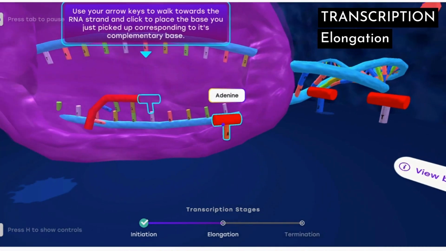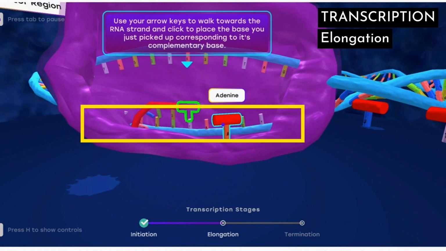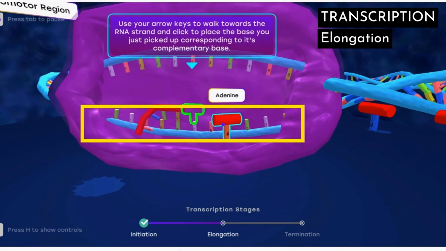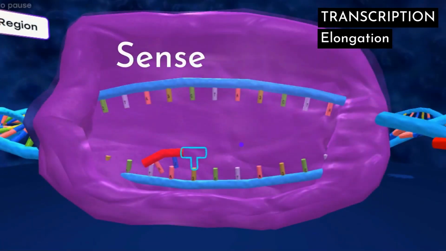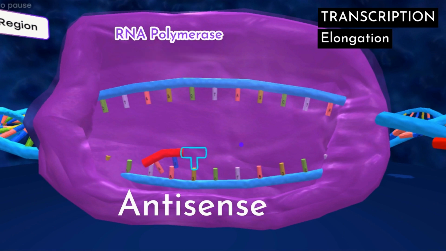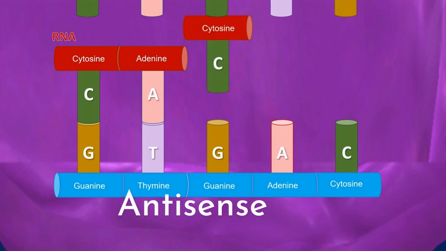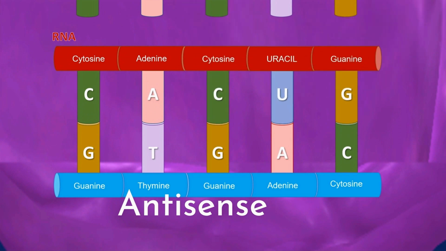Now, RNA polymerase only works on one strand of DNA. So to help keep the two strands of DNA straight, we refer to one strand as the sense strand and the other strand as the antisense strand. So when you hear those terms, this is all they're referring to, right? The strand that is transcribed by RNA polymerase is called the antisense strand, and it is complementary to the RNA sequence that's being built.